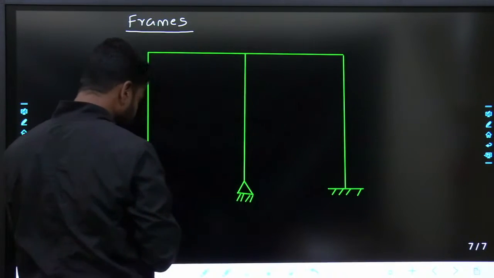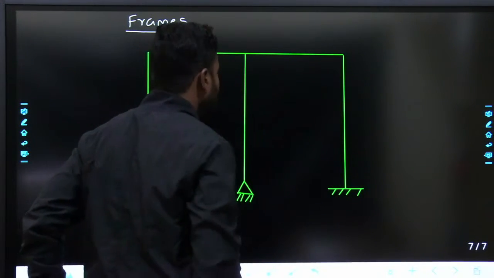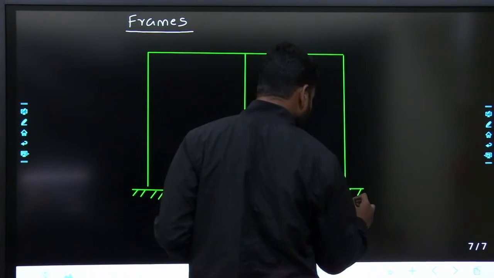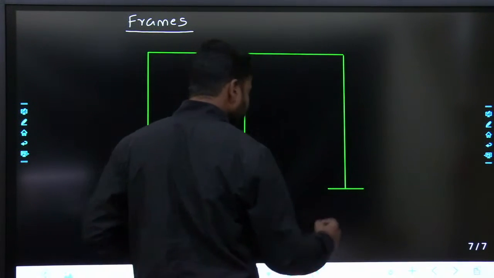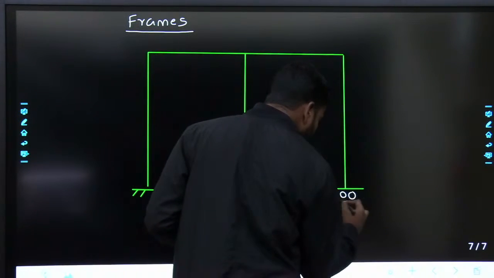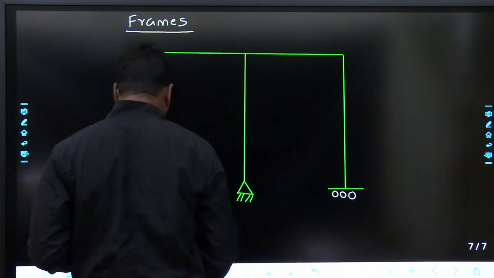Frames will take axial forces and bending also.